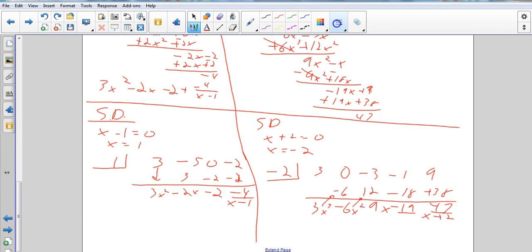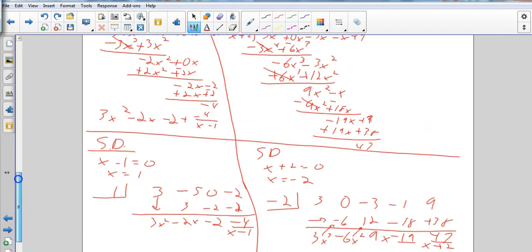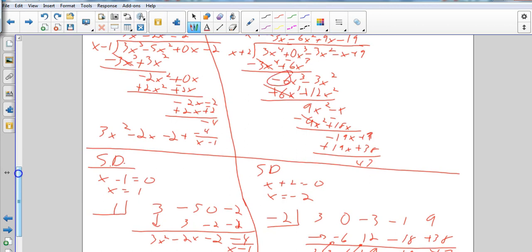If you notice that these numbers look familiar here on the second row, negative 6, 12, exactly, just in a different format.